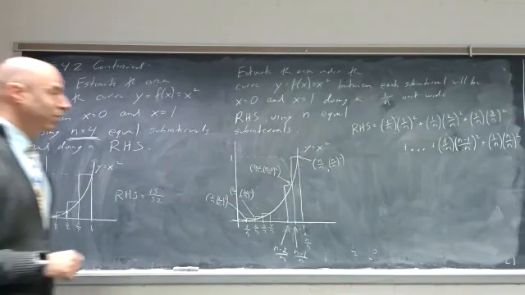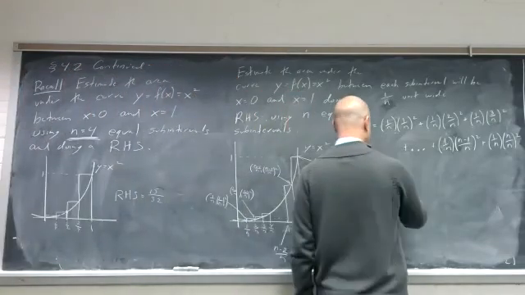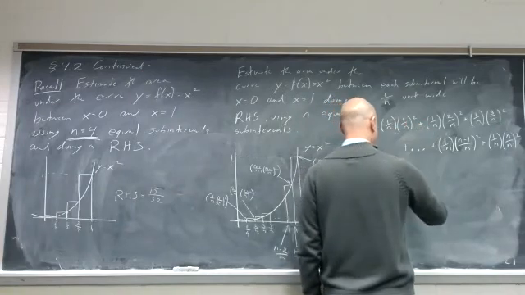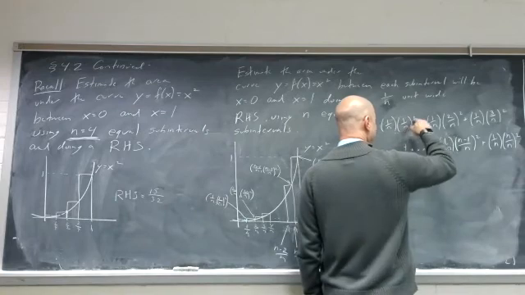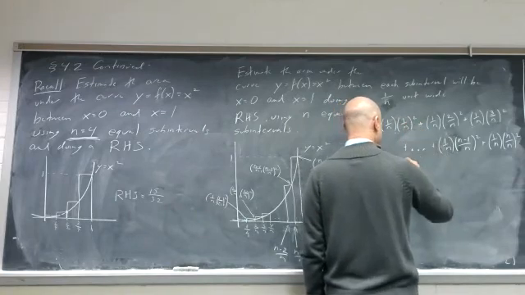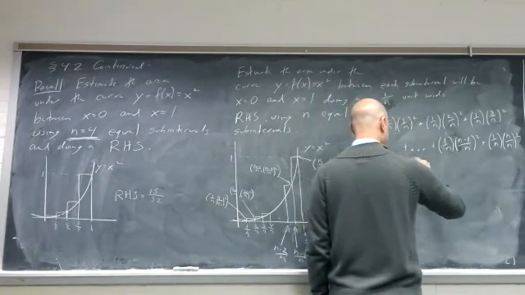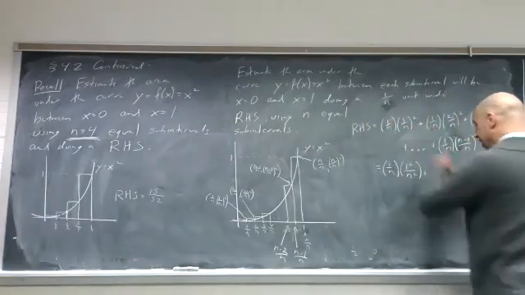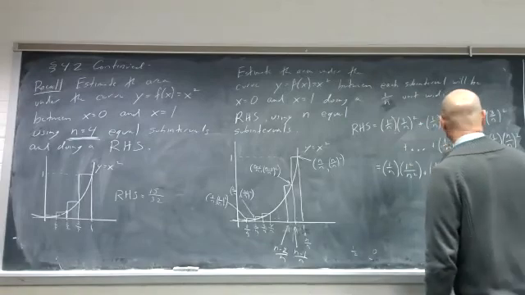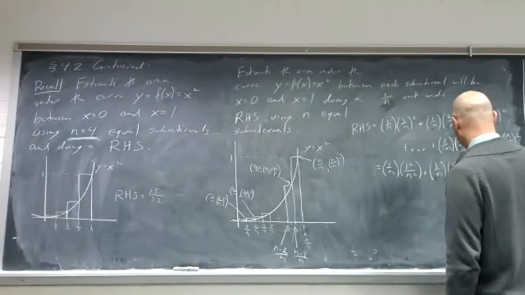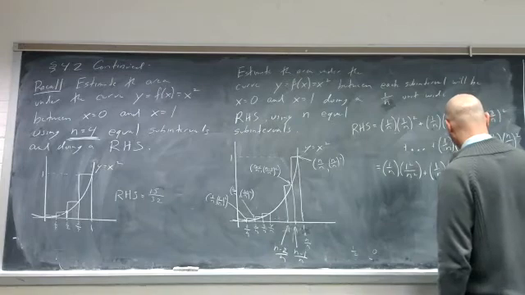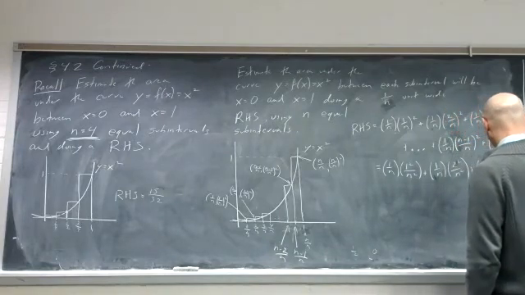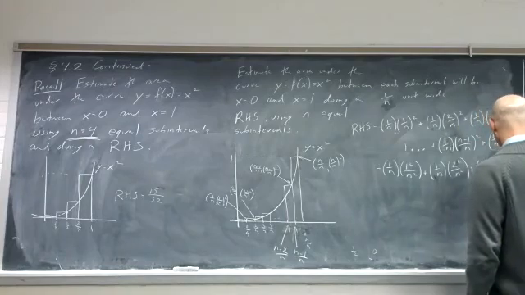Let's just do some algebra. So let's square each of these out. So 1 over n. When you square a fraction, you just square the top and square the bottom. It's 1 squared over n squared. The second one, 1 over n, 2 squared over n squared. One over n, 3 squared over n squared.